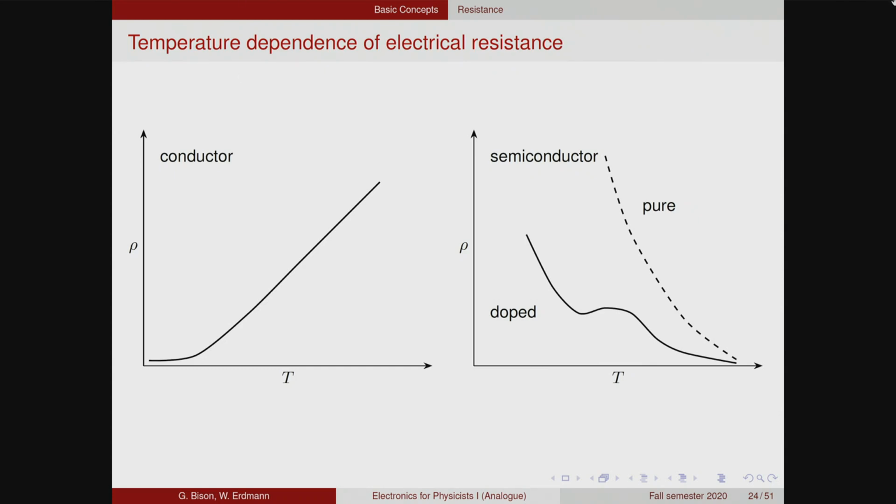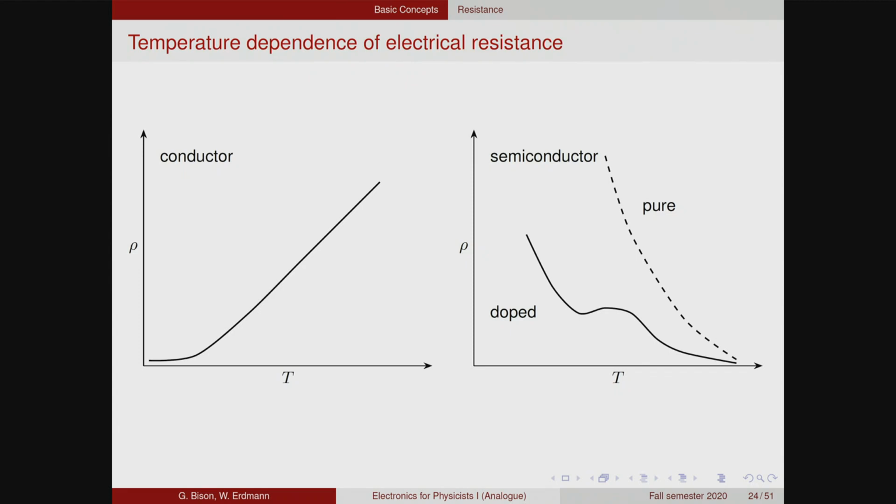Okay, let's continue. I'd like to quickly cover the temperature dependence of electrical resistance. As you see here, for a normal conductor, with rising temperature the resistivity rises. A hand-waving model to explain that: imagine that an electron is accelerated by the electric field.